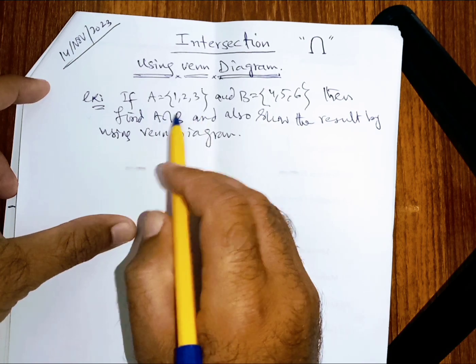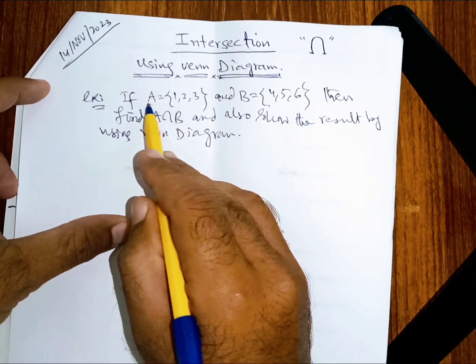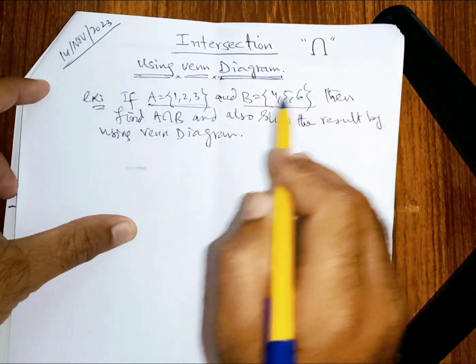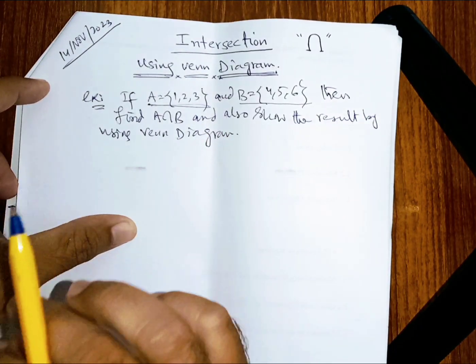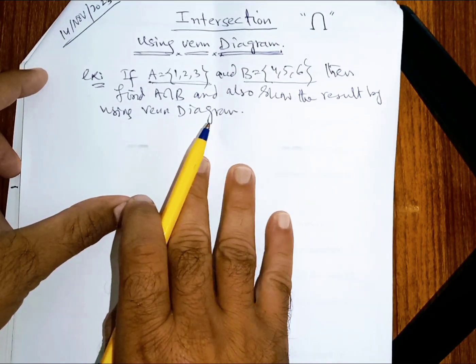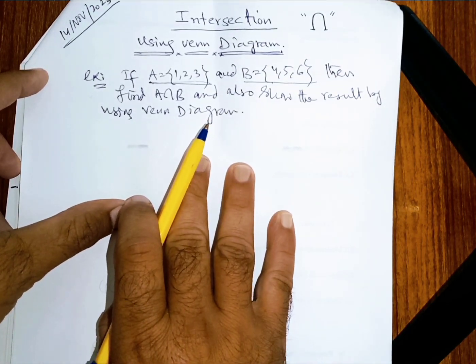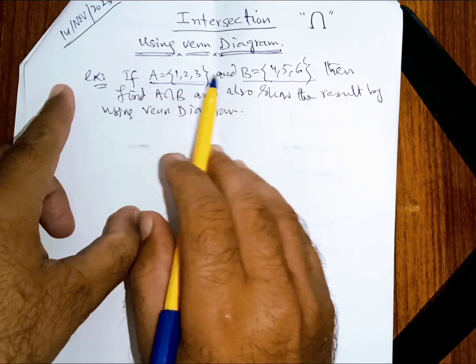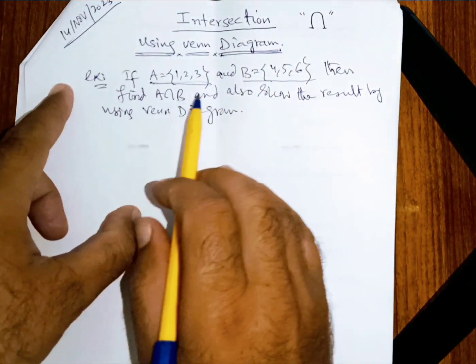Before drawing the Venn diagram, you must be aware that if these are the two sets, this is A and this is B, which kind of Venn diagram we will be using for these two sets. Either it will be a disjoint one, or an overlapping one, or a subset. So here we see this is set A {1, 2, 3} and B is {4, 5, 6}.